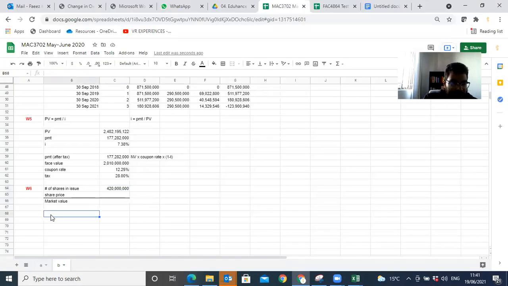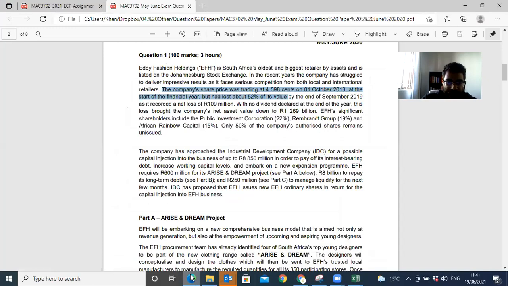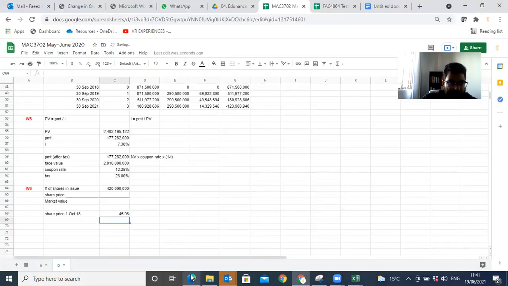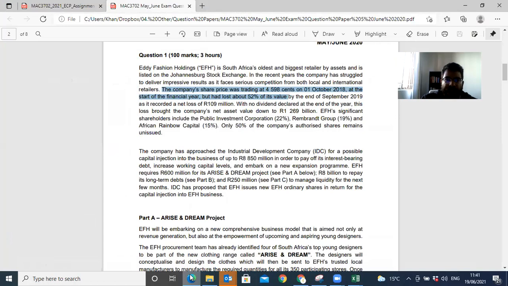So share price 1 Oct 18 is 45.98. That was cents, so to convert it into rands, we just divide by 100. It lost 52%.